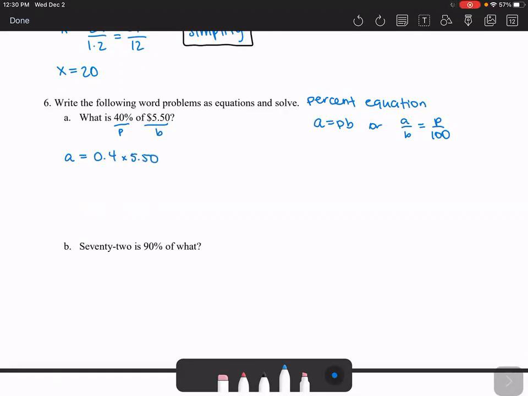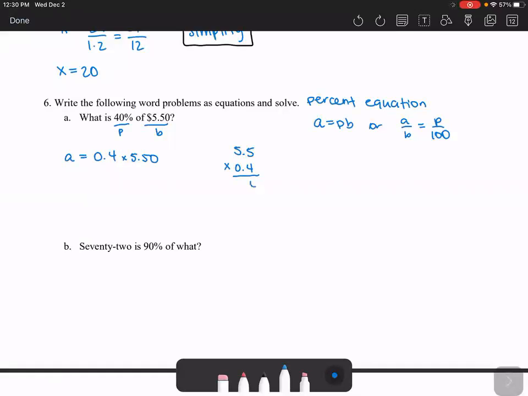So this is our part is our percent times our whole. So we just need to do this multiplication. So 5.5, I'm going to go ahead and take off that last zero, because you can take off any zero that's after the decimal place if it's your last digit. So we're going to do 5.5 times 0.4.